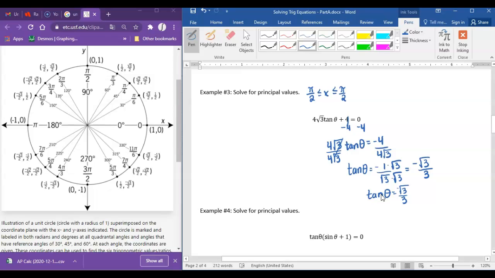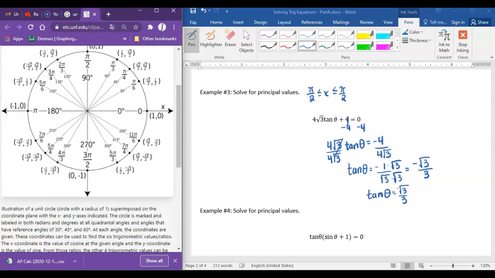And I see that there's only 2 places here where I've got that square root of 3. So it's either going to be negative pi over 6 or negative pi over 3. So if I think of tangent of negative pi over 6, which is right here, it's the same as 11 pi over 6. That would be sine over cosine, which is negative 1/2 over square root of 3 over 2.